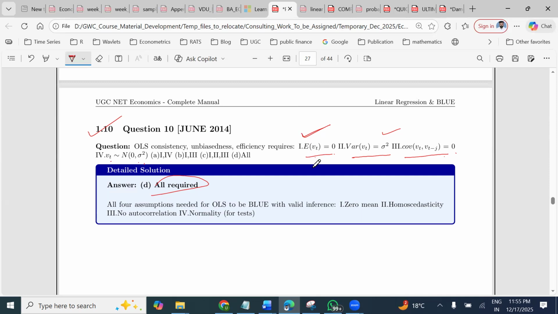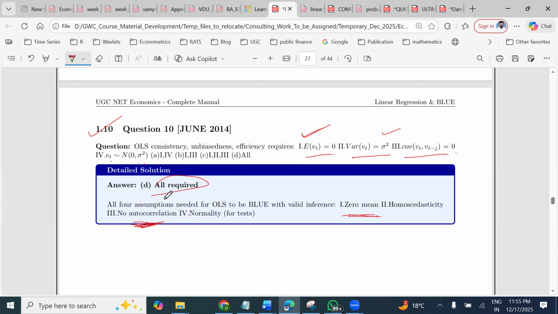So basically it is saying the mean value of the error term is 0. Second is the homoscedasticity assumption, and third one is no autocorrelation. Essential for unbiasedness. No autocorrelation assumption. Like, sir, for unbiasedness, consistency and efficiency, what are the properties, sir?